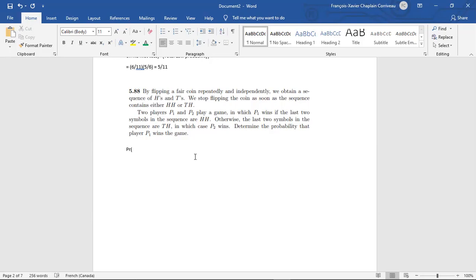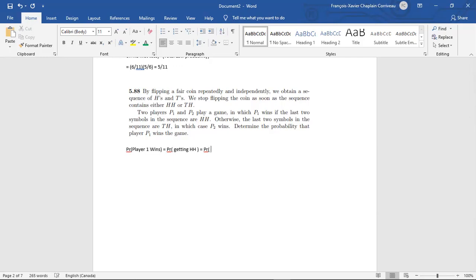So here, the probability that player one wins is what? It's the probability of getting head first. Okay, so now we'll split this with respect to the first toss.